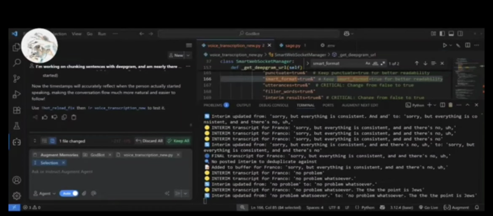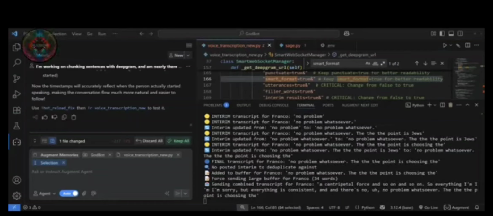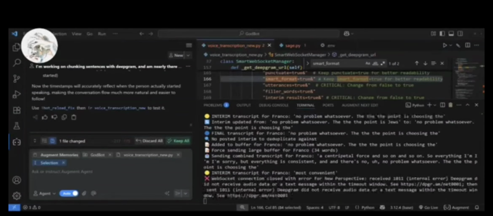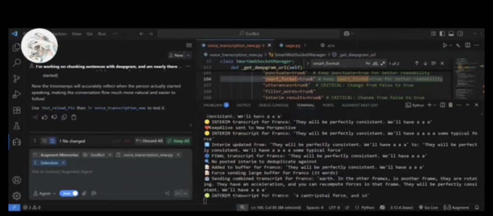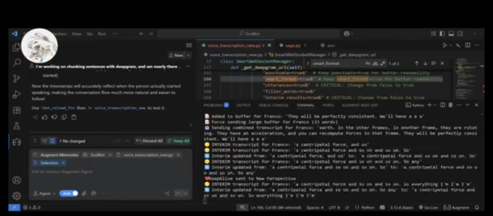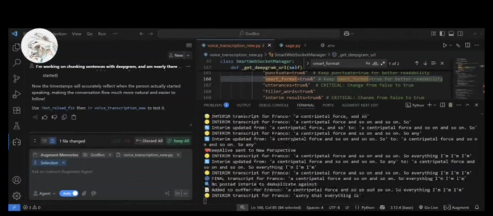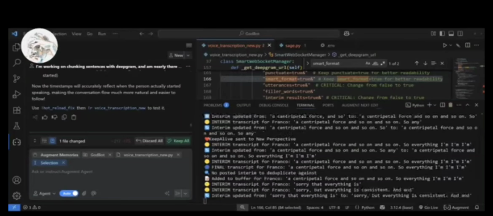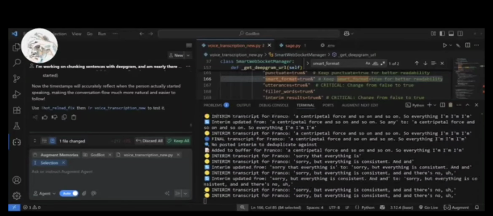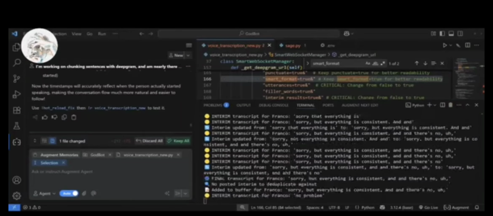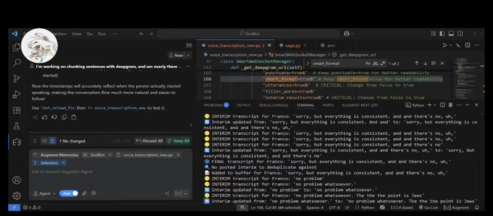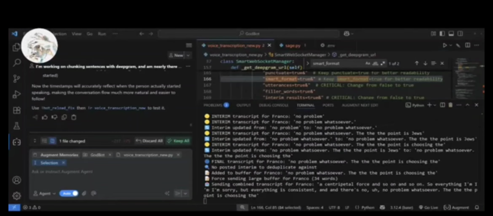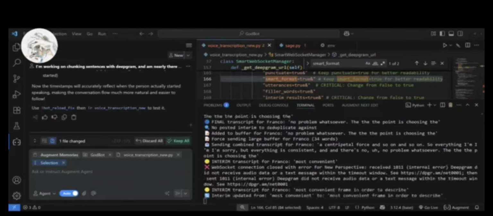The point is choosing the most convenient frame in order to describe things.